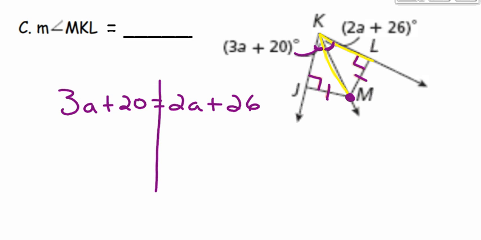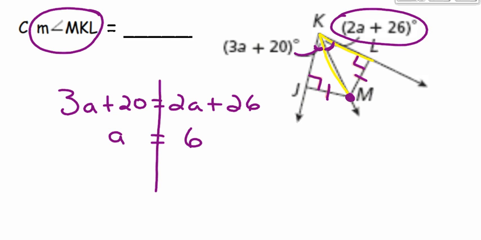Subtracting 2a from both sides is going to leave me just an a, and subtracting 20 from both sides leaves me with 6. Okay, let's be careful now because that's not what the question asked me to find. The question asked me to find the measure of angle MKL. So I have to go back, and in my measure of MKL, I have to plug in my information.